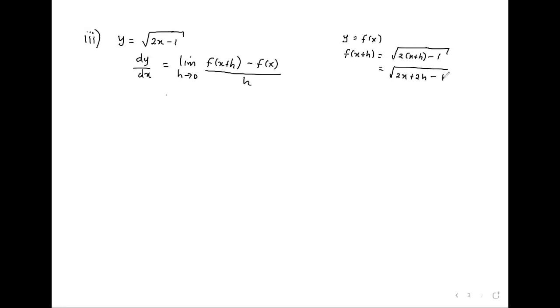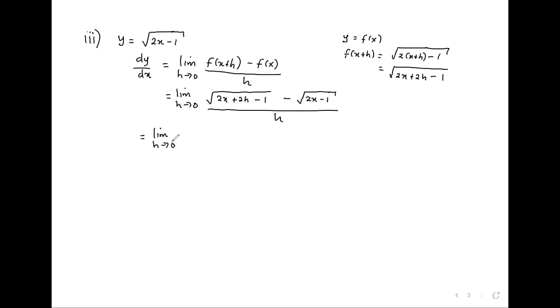So we come here and say this is the limit as h goes to 0 of the root of 2x plus 2h minus 1 minus the root of 2x minus 1 over h.